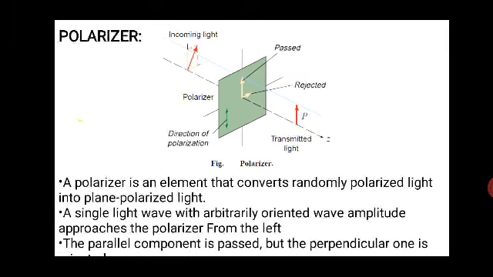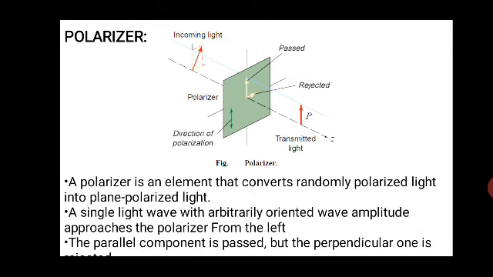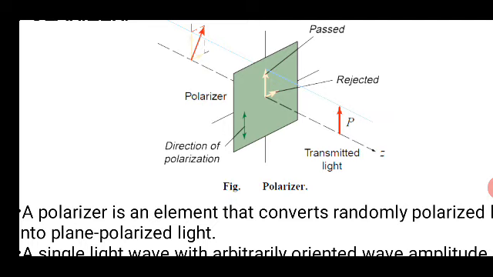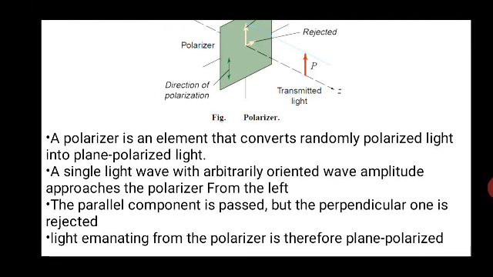The purpose of the polarizer is to only allow the light with a particular orientation of wavelength. Whenever it approaches the polarizer, from left to right, the parallel component to this plane is passed, whereas the perpendicular component is rejected.